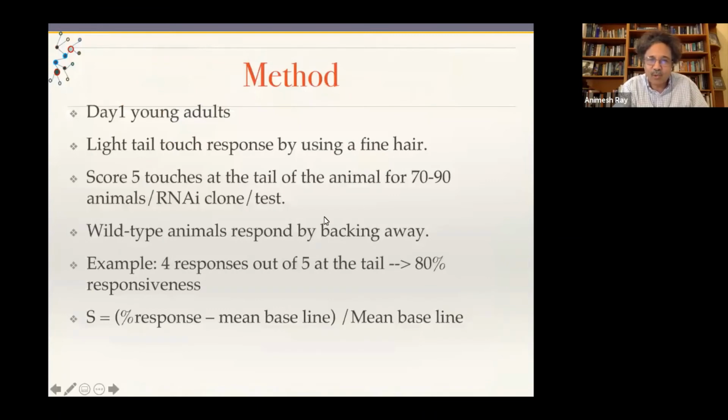And we take day one young adults and light touch the tail, and the worm recoils. But if the mutant protein is expressed, then the recoiling frequency is slow or less.